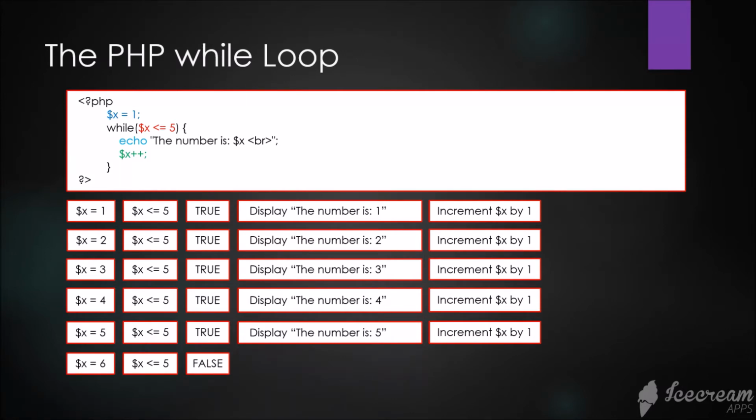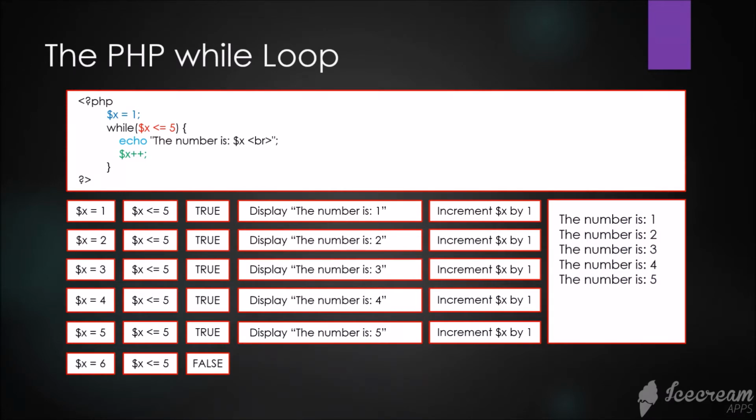So the condition is no longer satisfied, and our process will not proceed. That stops the loop, and our final output will be this one. Okay? So that's how the while loop works.